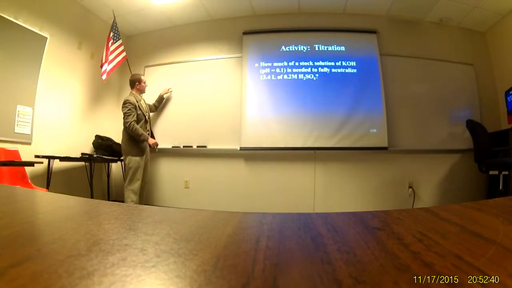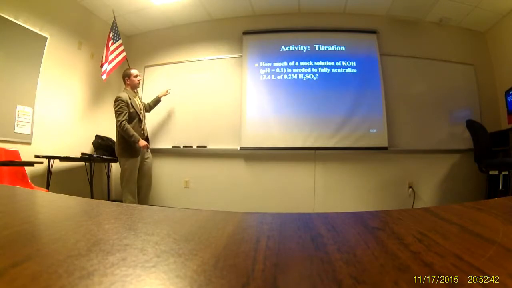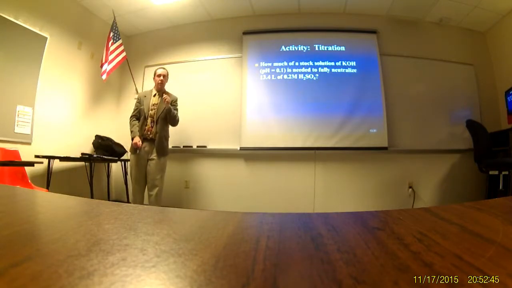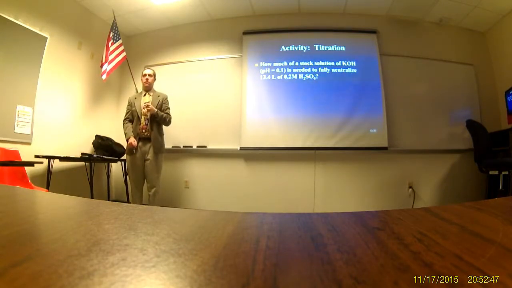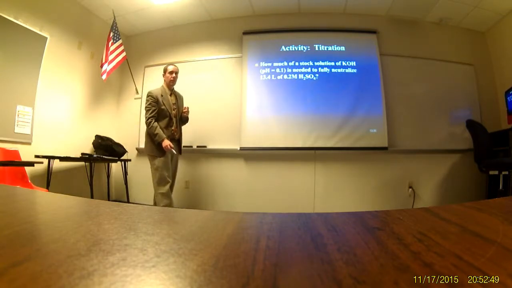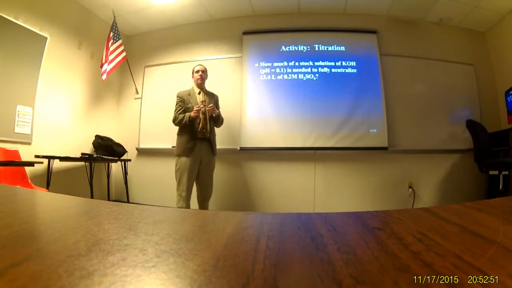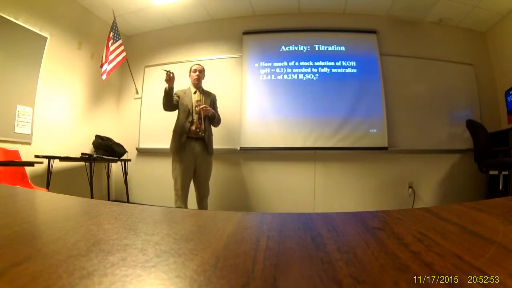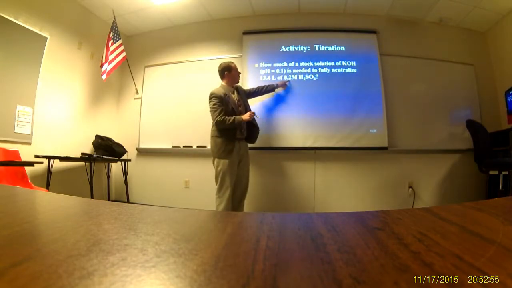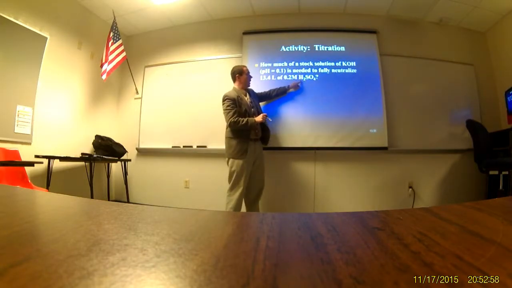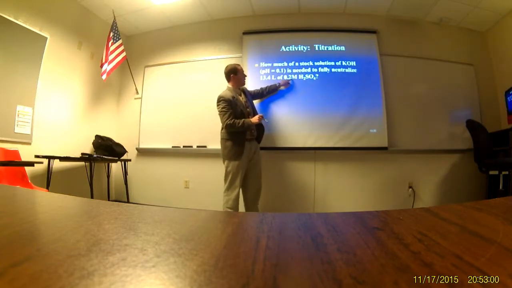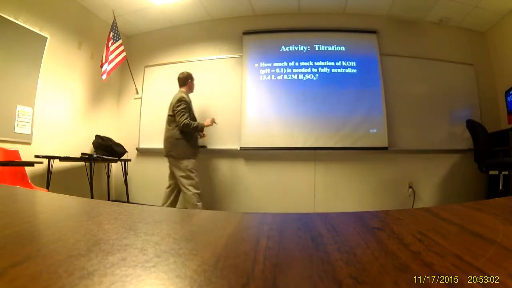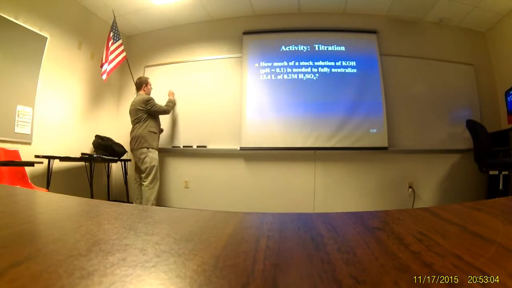So what is C1? What is the concentration of the hydrogens in our acid? 0.2. Oh wait, no. 0.4. 0.2 molar H2SO4, and you get 2 H's out of it. So it's 0.4 molar. So C1 is 0.4.